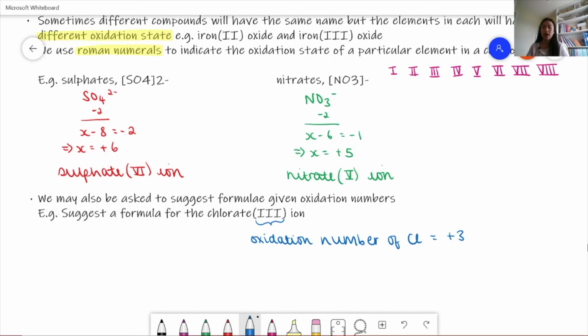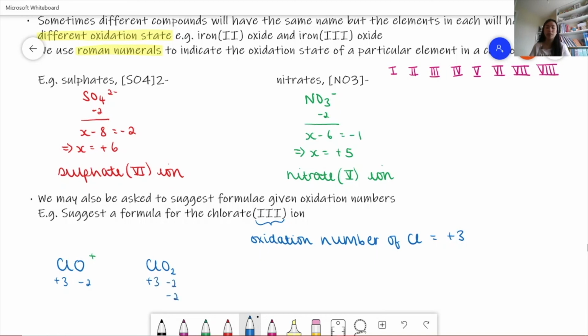So first let's try ClO. What we would have here would be the chlorine would be a +3, and then the oxygen would be a -2. So then we'd have an overall charge of 3 - 2, which is +1 or 1+. And then we can try ClO2. Again, we'd have +3, but this time we would have 2 of these -2s.